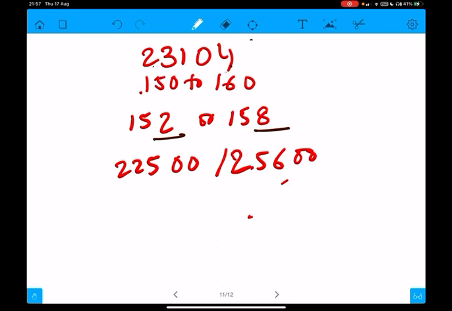So the number has to start with 15, and the last digit is 2 or 8. Now 23100 is closer to 22500, as you can see here. So the number has to be 152.